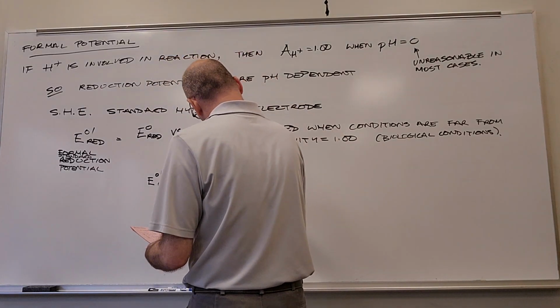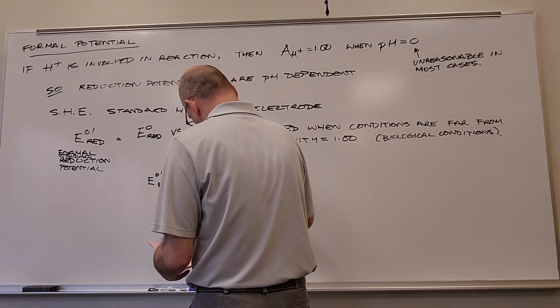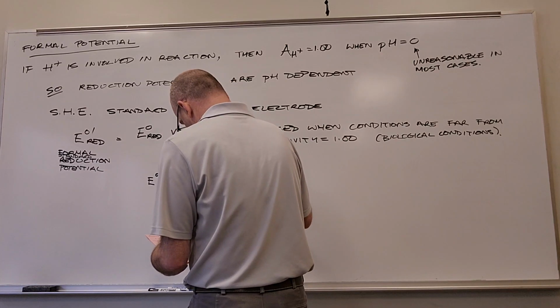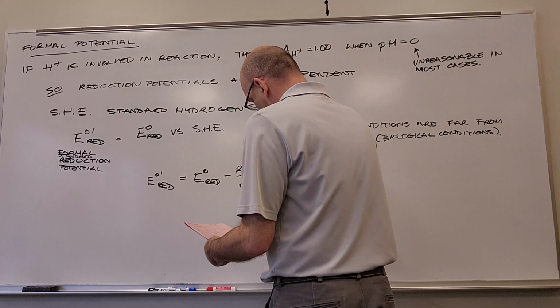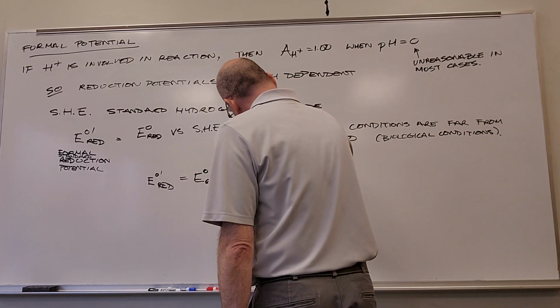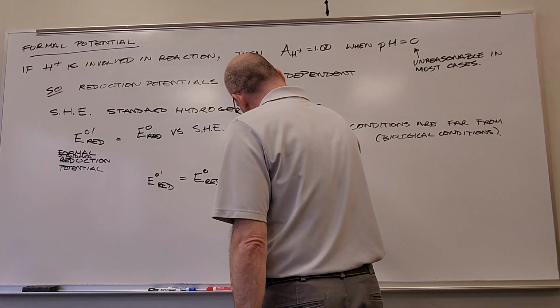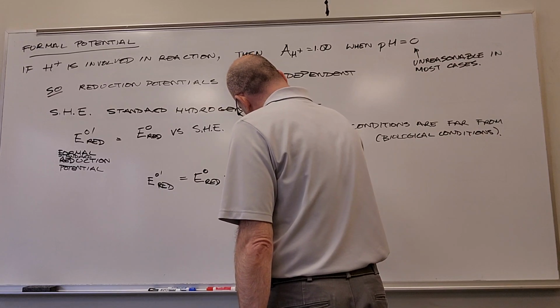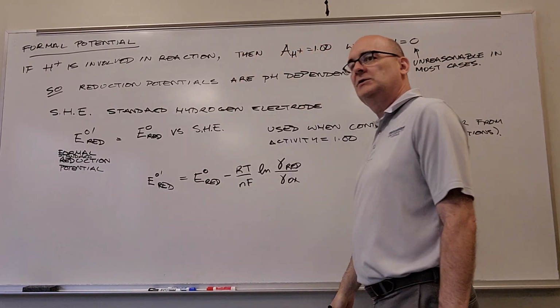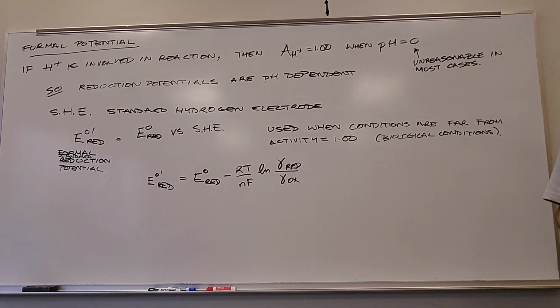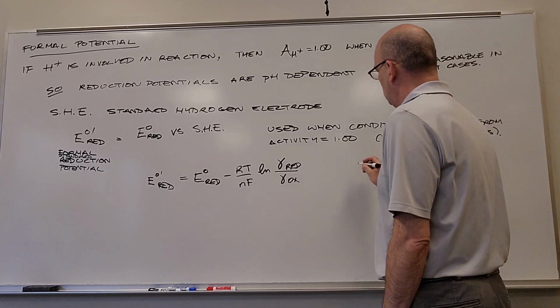And then here's our modifier. Negative RT over NF with the natural log of gamma reduced over gamma oxidized. What's gamma? That is the activity coefficient.